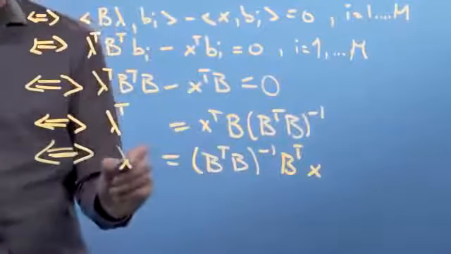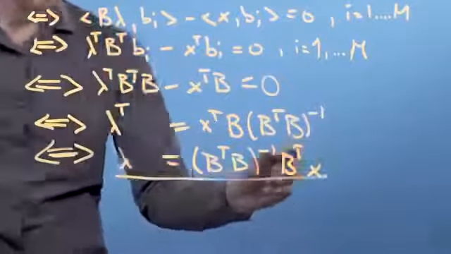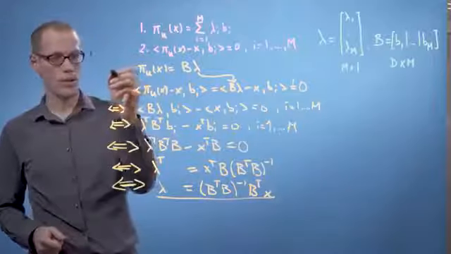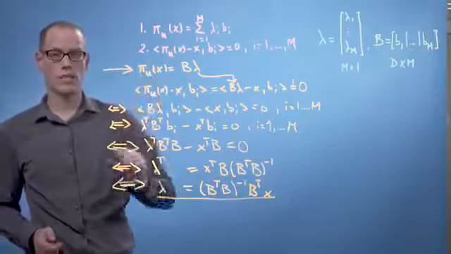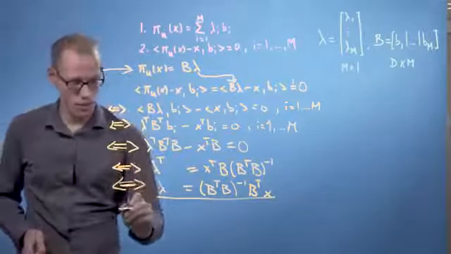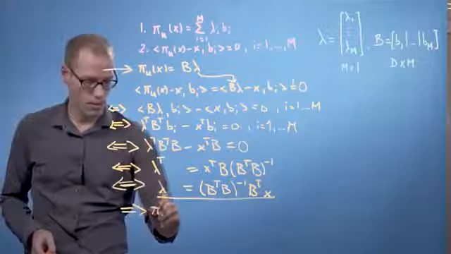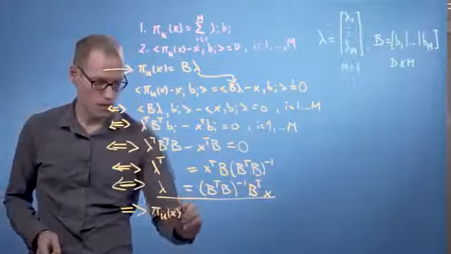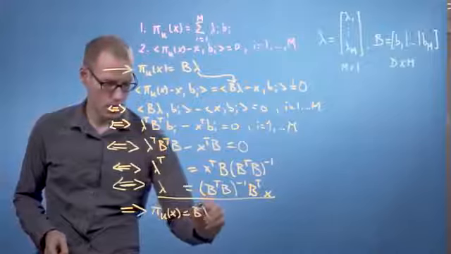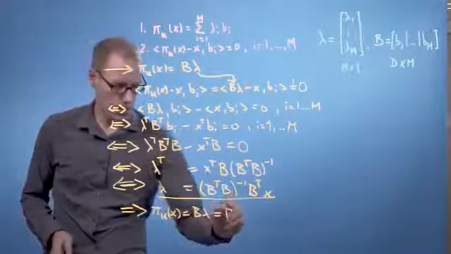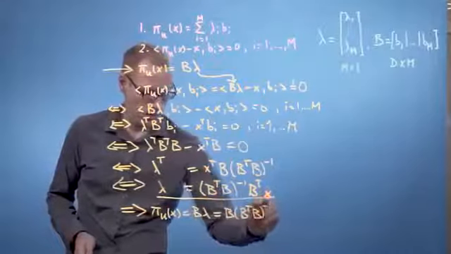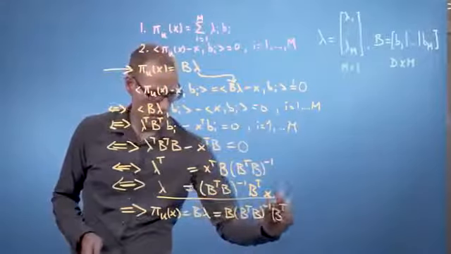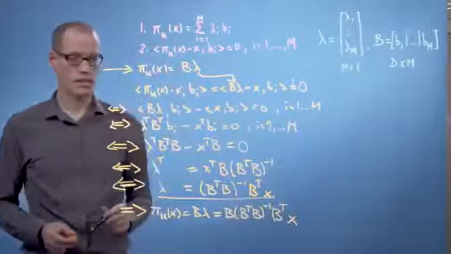So now we have identified lambda to be this, but we also know that our projection point can be written as B times lambda. So this means we will get pi u of x as B times lambda, which is B times B transpose B inverse times B transpose x.